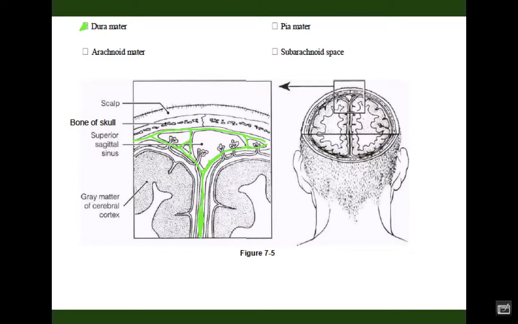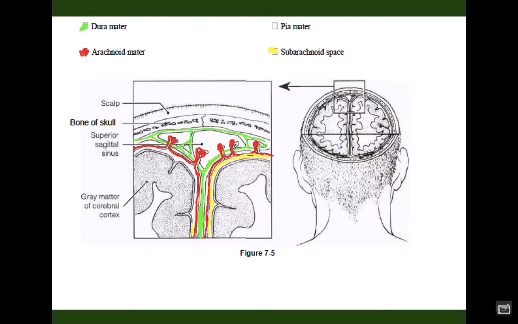This next layer is the Arachnoid mater, and the Arachnoid mater is this one here. Underneath the Arachnoid mater is the subarachnoid space that I'm doing in yellow here, and this is where it gets that term arachnoid from.